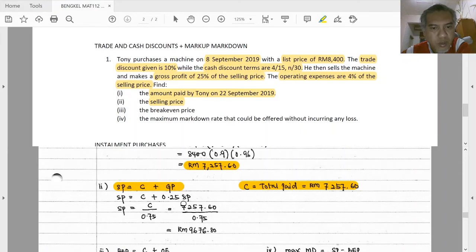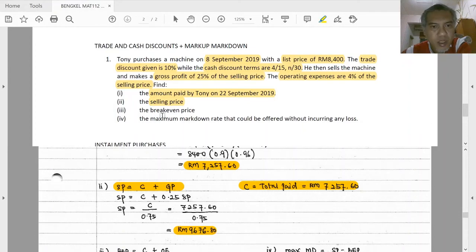Moving the 0.25 SP to the left side, it becomes 1 minus 0.25 SP, so you get 0.75 SP. Bring the 0.75 back to the right-hand side, it becomes a division. So taking the cost, 7257.6 divided by 0.75, you get the selling price to be equal to 9676.80. So that solves the second question, finding the selling price.